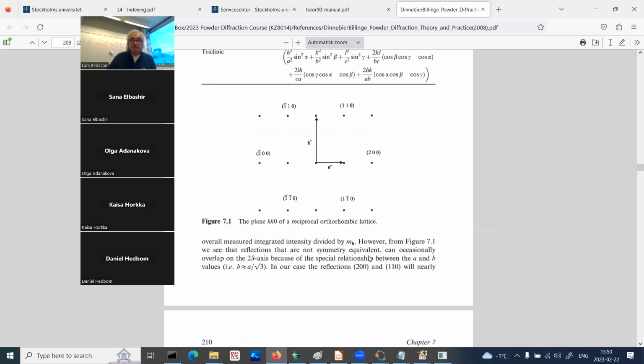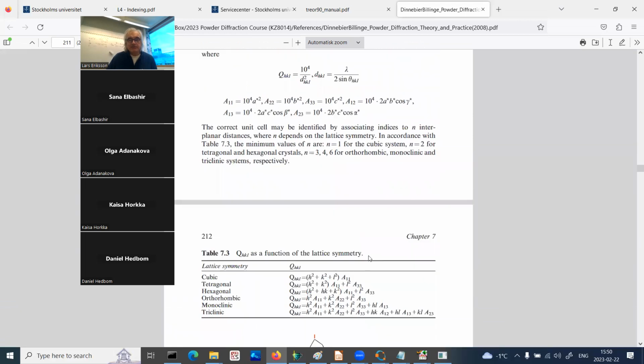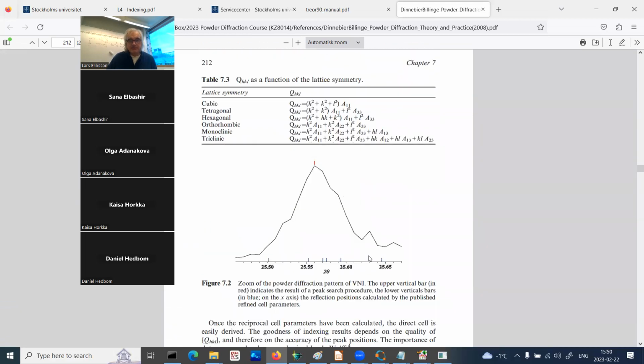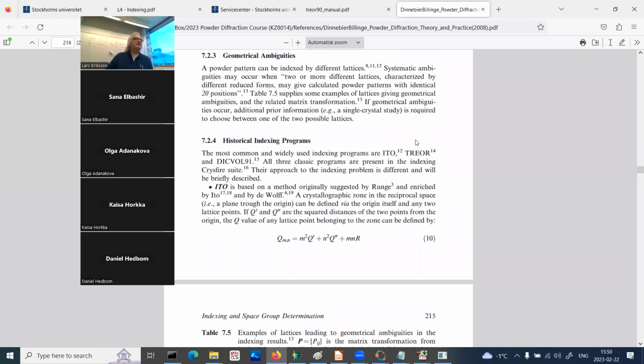This is this table, yes. And those are similar to what we have. Everything is there. Historical indexing programs. There is mentioned Ito, Treor, and DICVOL.